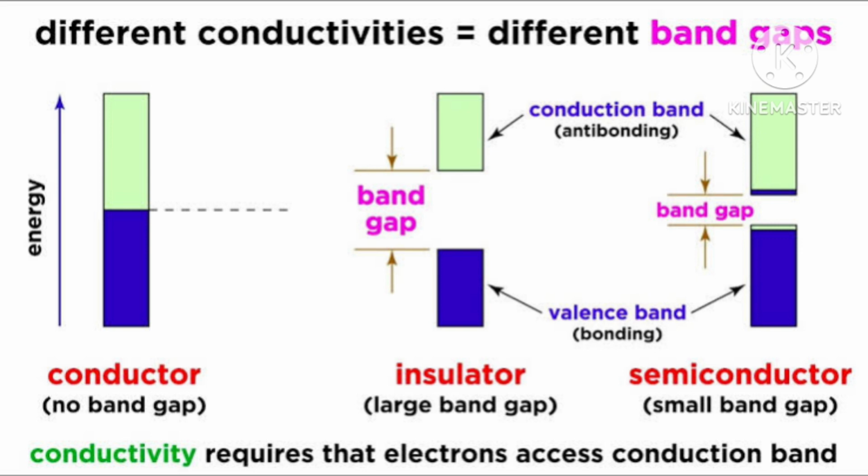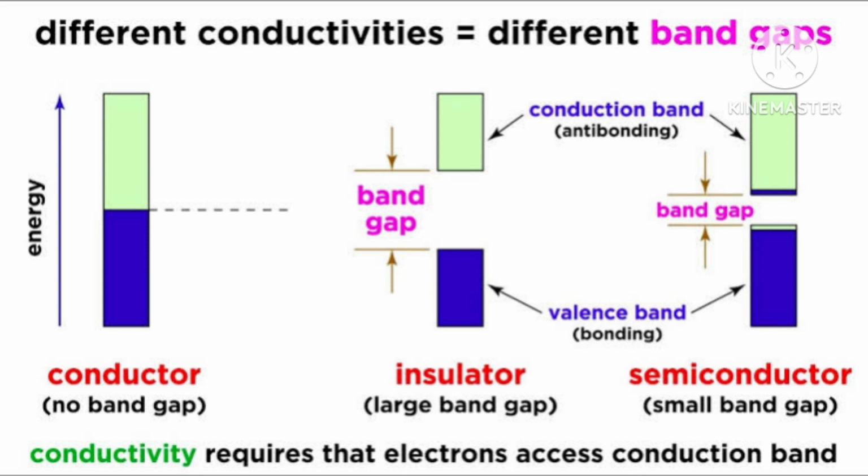Now I am going to discuss conduction of electricity in semiconductors. Okay, this is very important. In case of semiconductors, the gap between the valence band and conduction band is small.